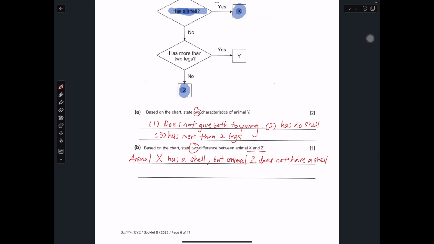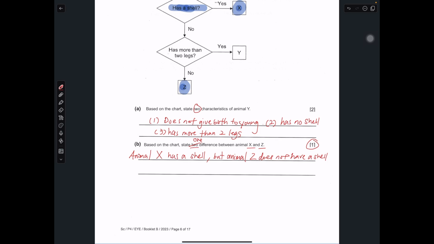It should be 1. This one I think it should be 1 difference, because over here is 1 mark. So probably the questions were keyed in wrongly. Okay, X has a shell, but animal Z does not have a shell.